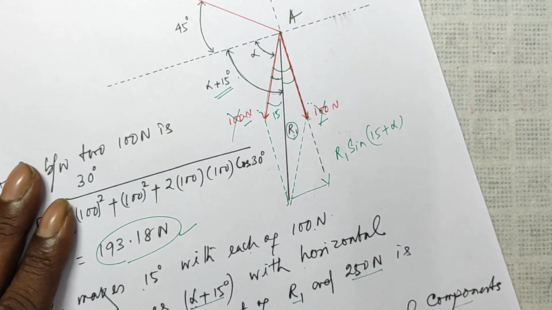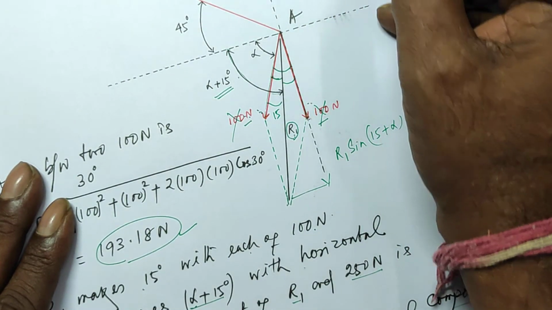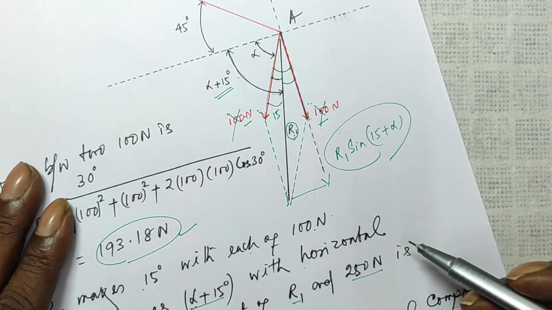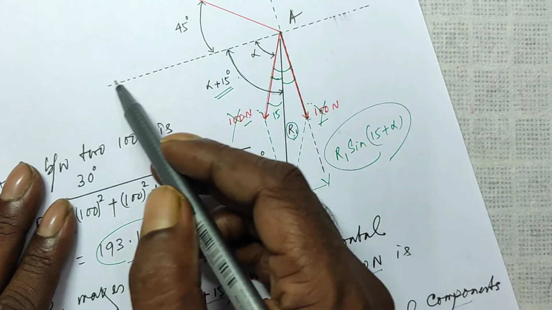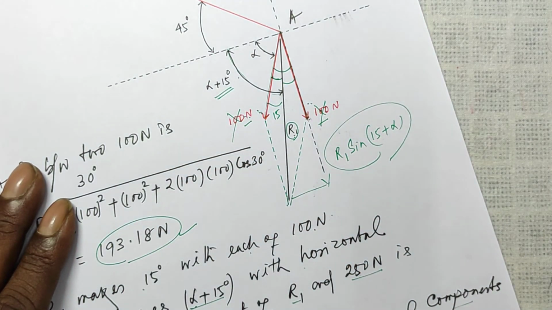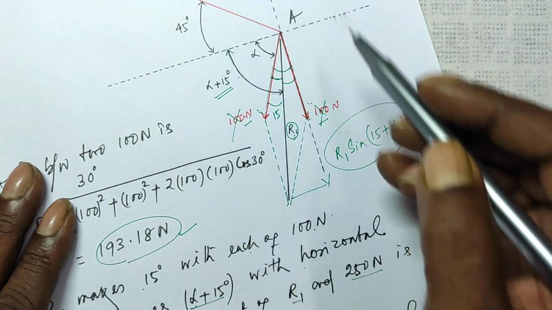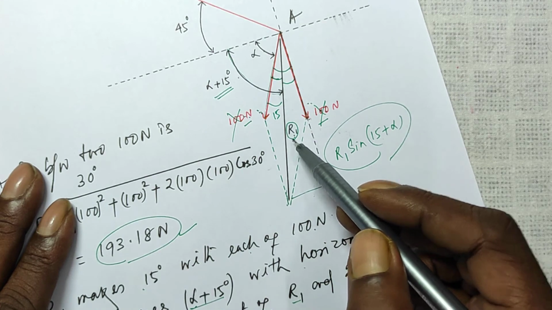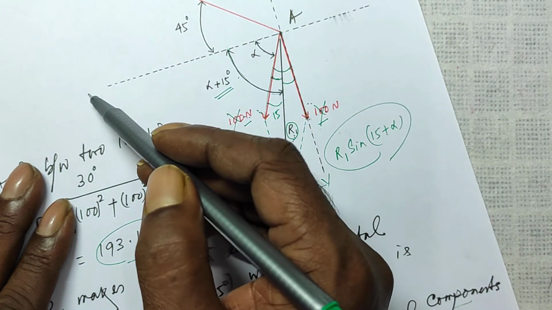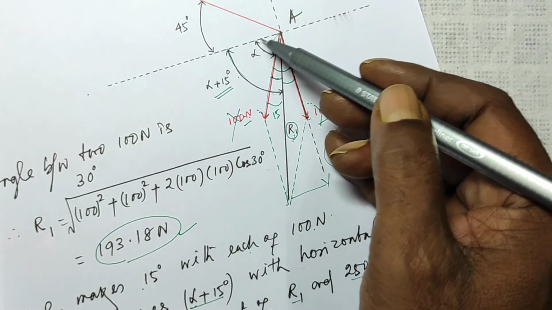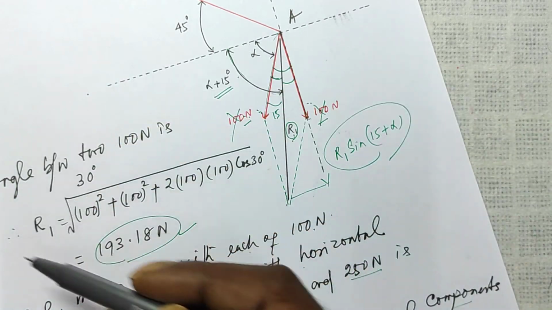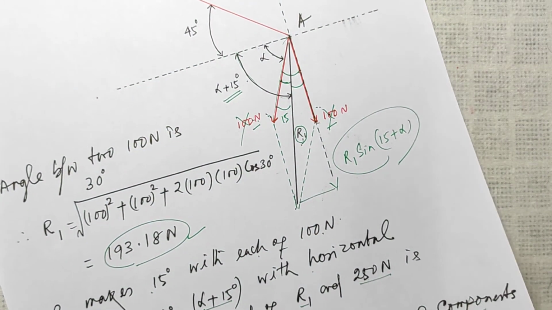Right. So now this must be equal to this, so that they will cancel because they are opposite. Then we will be left with only the horizontal components of P and of R1, and they will add up to give the resultant along the x-axis towards the left of A. So these two must cancel. So very simple.